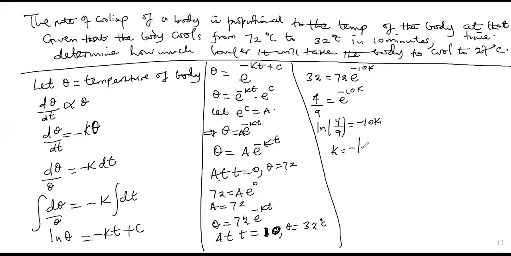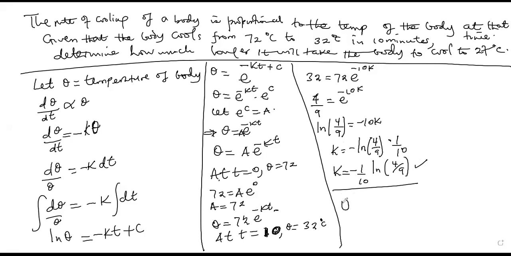Our k is equal to negative ln 4 over 9, times 1 over 10. So one can write it as k is equal to negative 1 over 10 ln 4 over 9. Substitute this k here, and you see what your theta is.